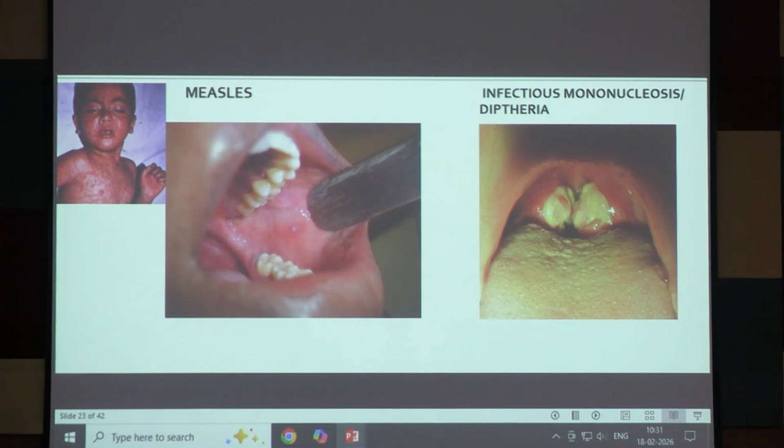So this is pathognomonic of measles. And another, infectious mononucleosis or diphtheria. In these two conditions you will see a whitish membrane-like patch in both. So how you will differentiate these conditions is clear.